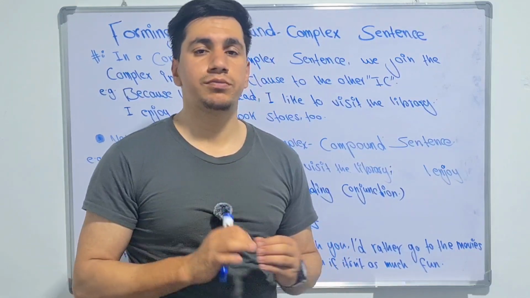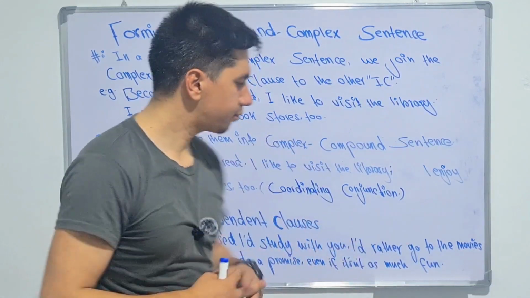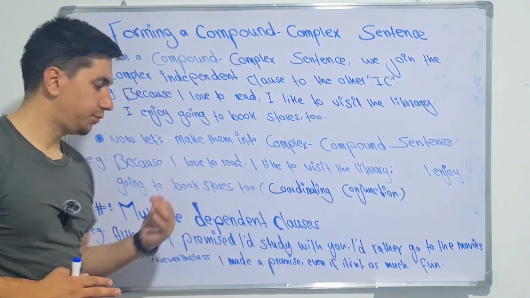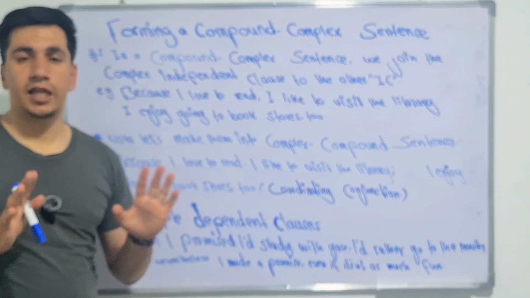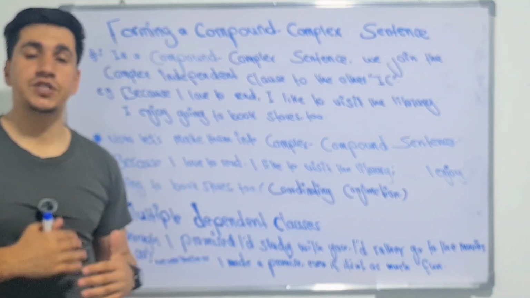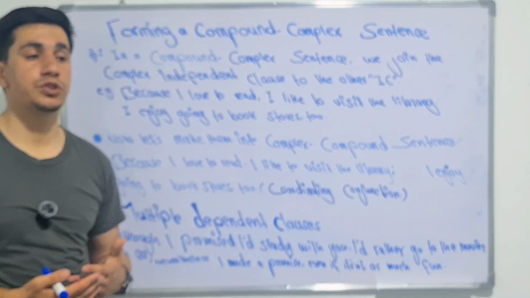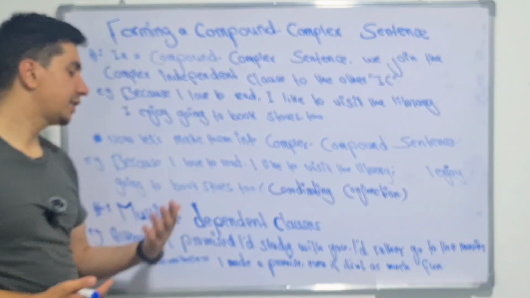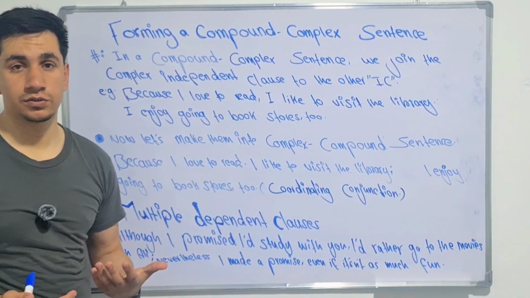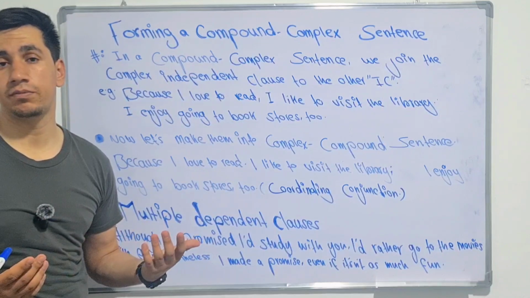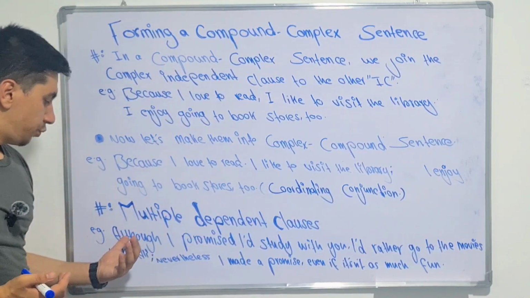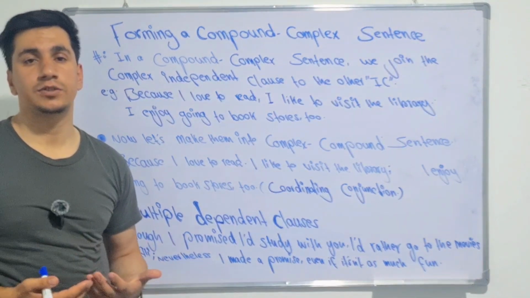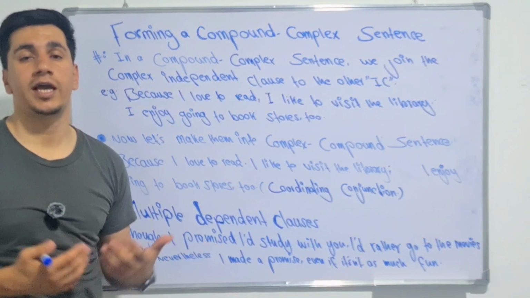So there's a little key point you need to consider as well: multiple dependent clauses. A lot of students and instructors, you might have seen it somewhere, or you will certainly see in the future, people using multiple dependent clauses in a sentence. They're very important. We have one example, and you can keep practicing a lot so that you understand more and more.